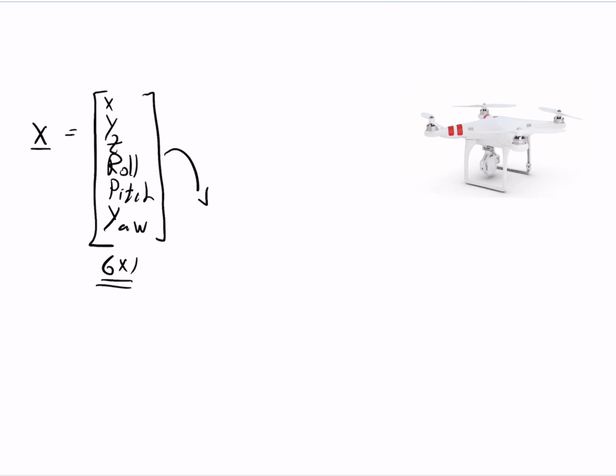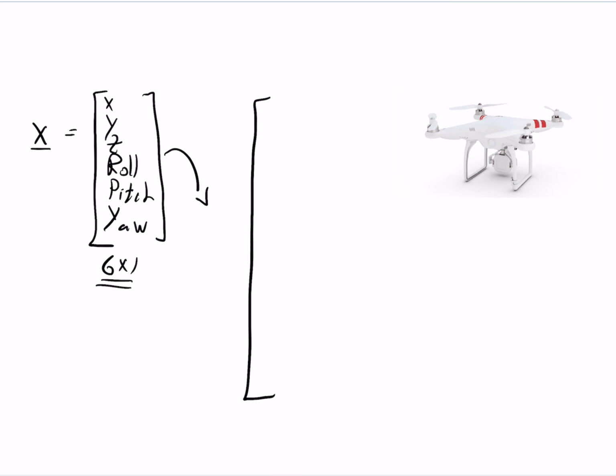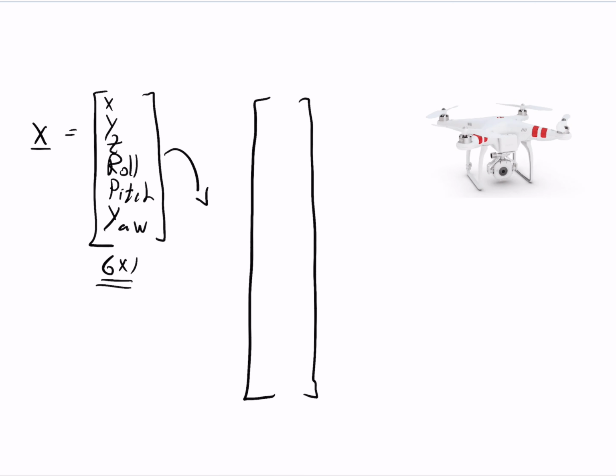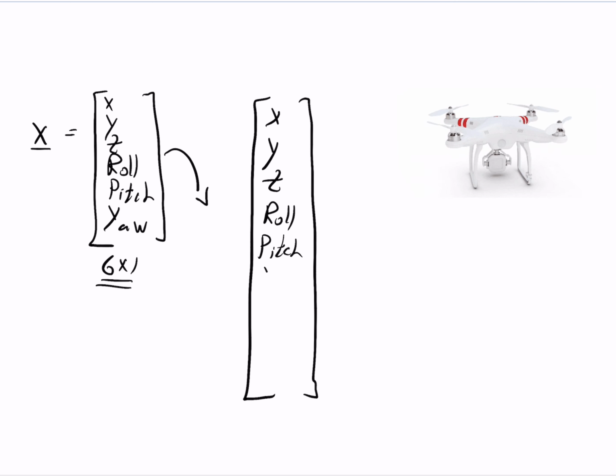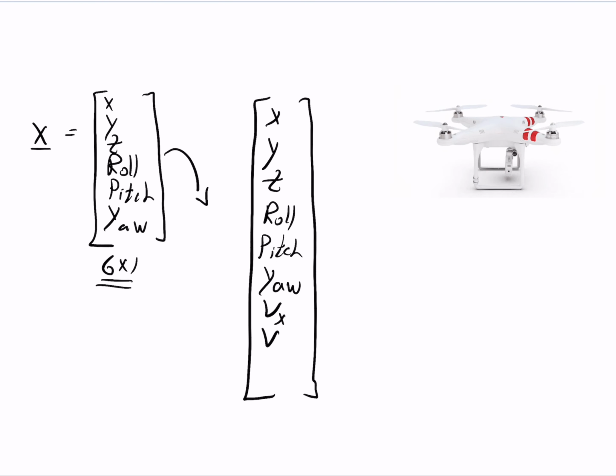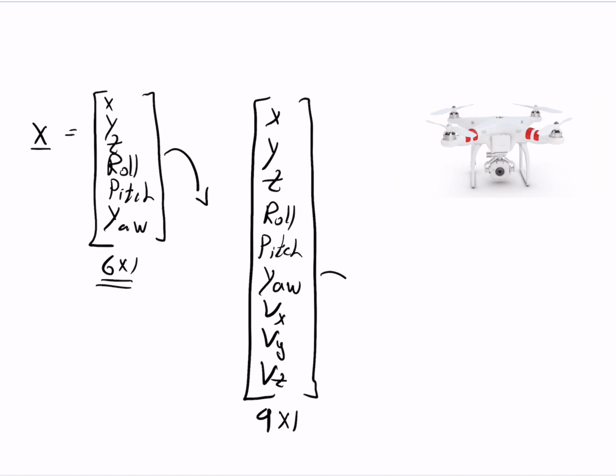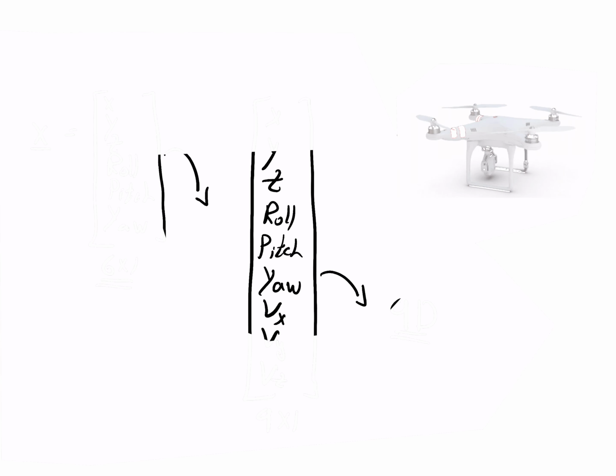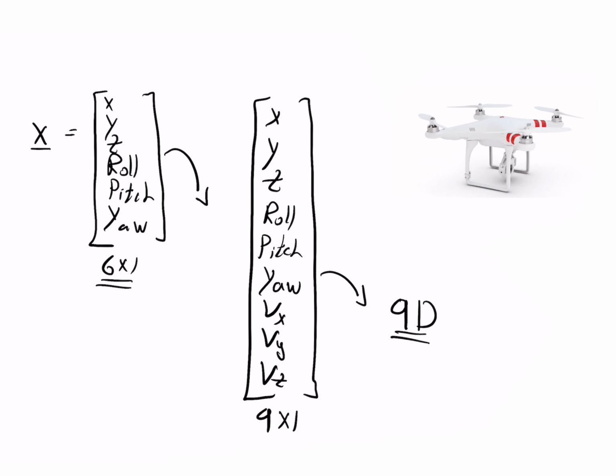And if we want to add velocity on 3 different axes, the 6 becomes 9. So if we want to solve a localization problem for 9 dimensions using a histogram filter, the problem becomes much harder. Now, there are other filters, such as the Kalman filter, that are much more efficient in these problems, and we will meet them in the next sections.